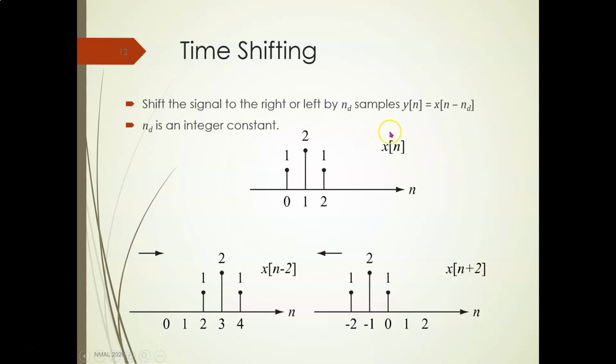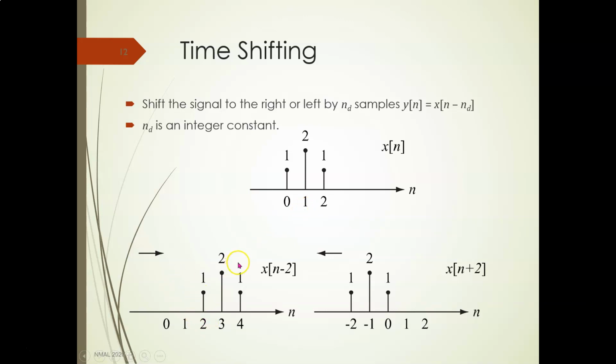This is the example of x[n]. Let's say that nd here is 2. It means that x[n] here is shifted to the right by 2. So the whole signal here is shifted to the right. It will start with n equal to 2 instead of n equal to 0 as in the original x[n]. So it will start at 2.